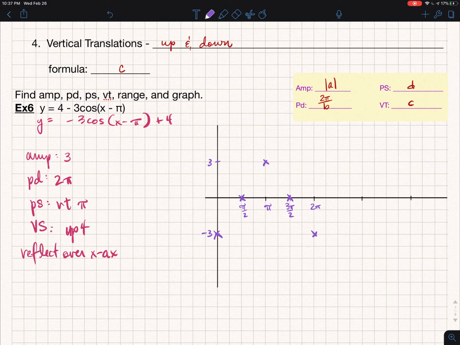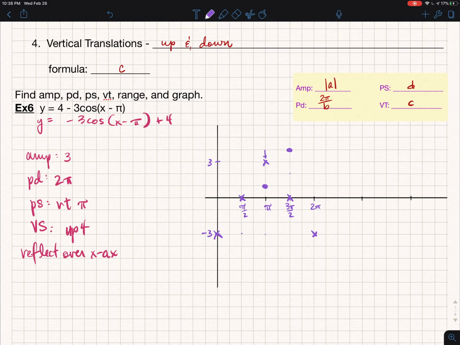Let's start at the minimum, the very first coordinate. Go to the right 4, go up 4, and make yourself a coordinate. Then let's go to the first x-intercept. Go to the right 4, go up 4, make a coordinate.